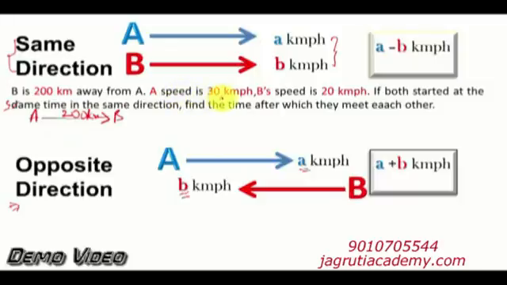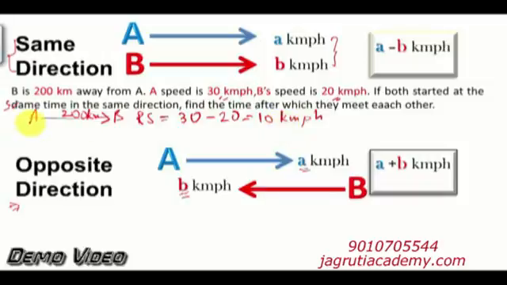A's speed is 30 kilometer per hour. B's speed is 20 kilometer per hour. What is their relative speed? The relative speed is equal to 30 minus 20 because they are moving in the same direction. So 30 minus 20, that is 10 kilometer per hour.